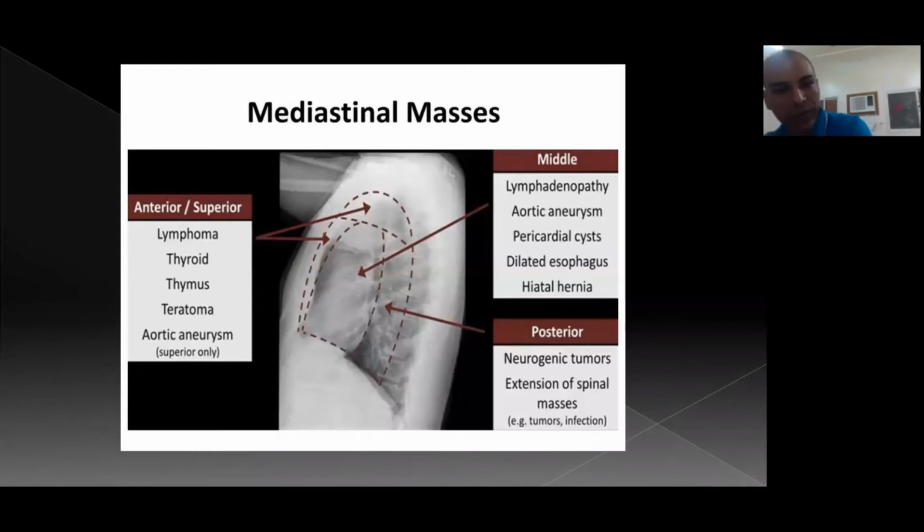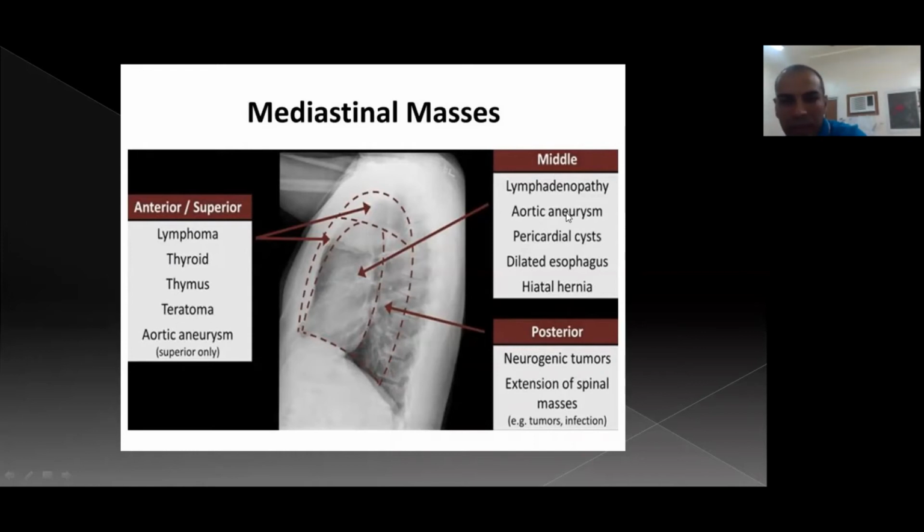We have a lot of differential diagnoses for mediastinal masses. I will go rapidly. We have here the anterior or superior mediastinum. Simply, I always remind myself with the 4 Ts. What are the 4 Ts? T-cell lymphoma or lymphoma, thyroid, thymus, teratoma, the 4 Ts, and we have aortic aneurysm.